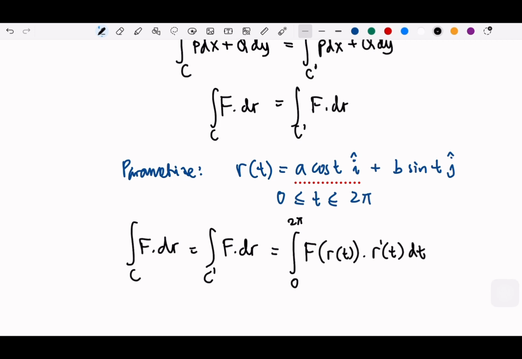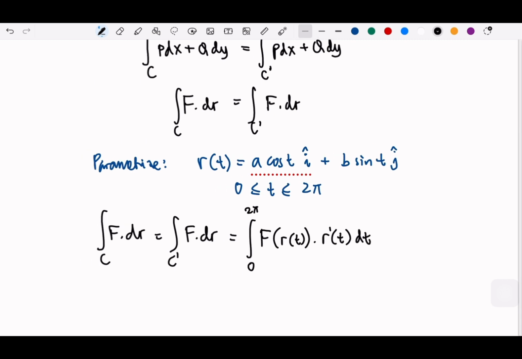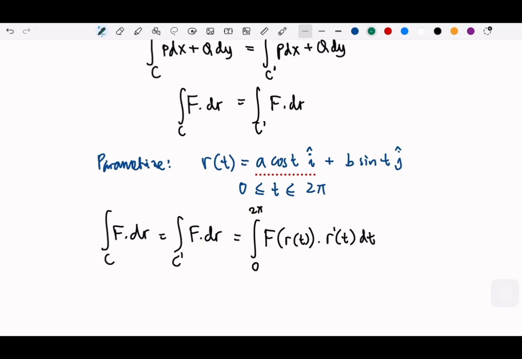So we can input all the r and then take the derivatives of r and then take the dot product. So we can take r prime, the derivative with respect to t.